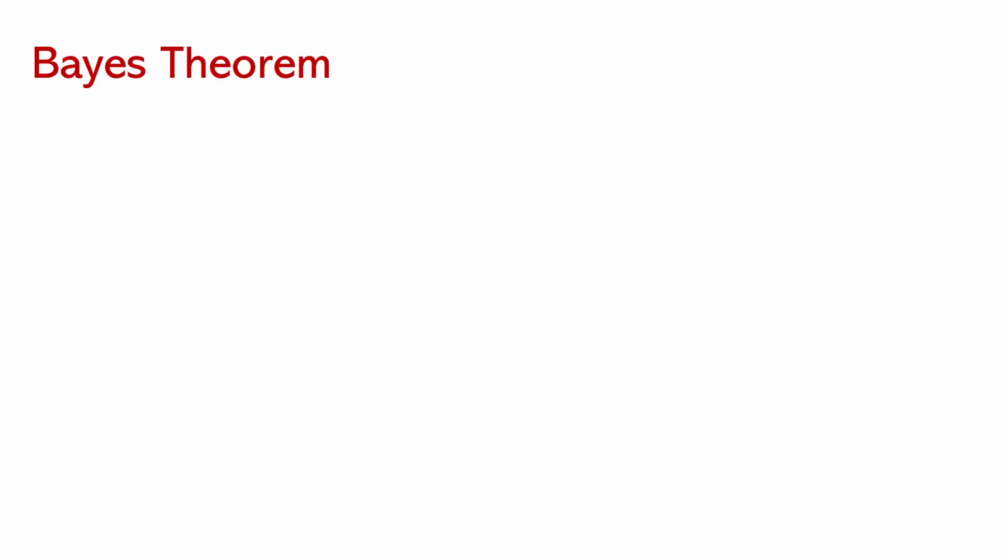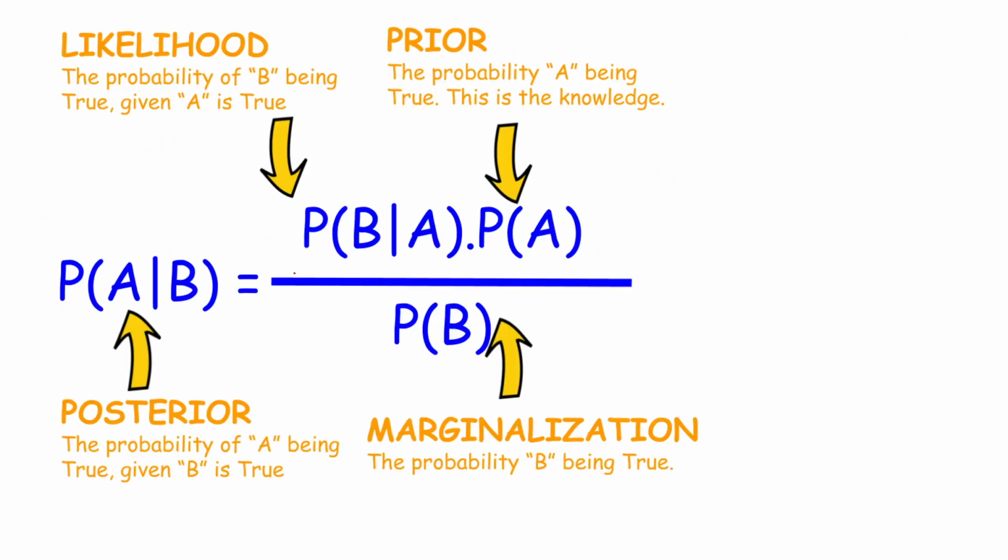Let us understand what these terms are called. P of A by B is called the posterior, meaning the probability of A being true given B is already true. What is B by A? It is called the likelihood: the probability of B being true given A is true.